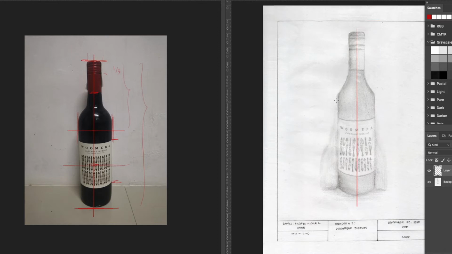Okay, immediately we're seeing some obvious discrepancies. The midpoint somewhere here. Okay, based sa drawing na to, if I were to take this as the whole height of the bottle, the midpoint should be here.